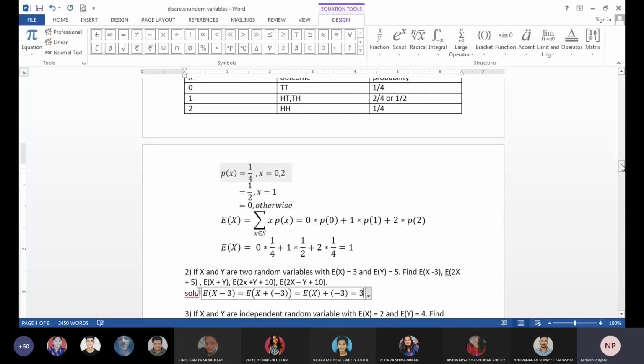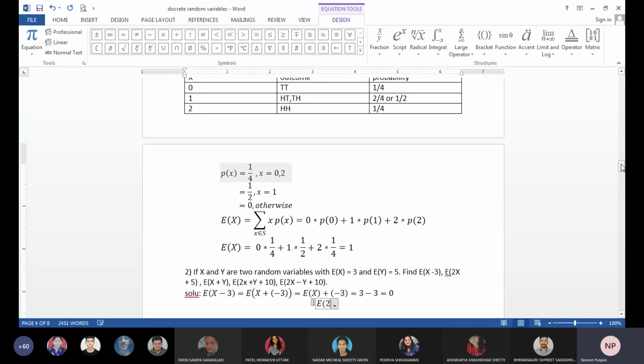So it will give you 3 minus 3, which turns out to 0. Is this fine? Yes, sir.